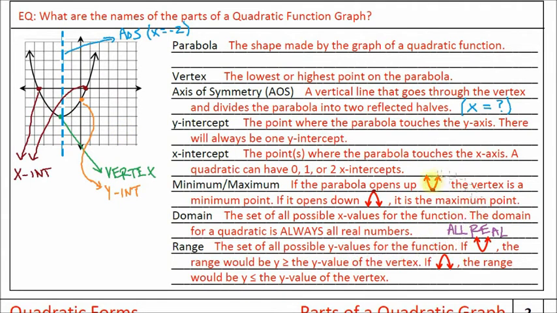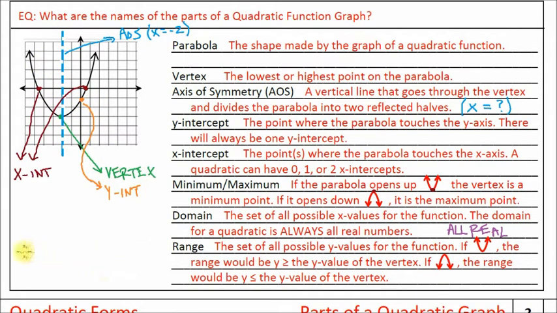So if the parabola faces up, the range will be y is greater than or equal to the y value of the vertex. If the parabola faces down, the range is going to be y is less than or equal to the y value of the vertex. So in this particular question, we have a parabola that faces up.